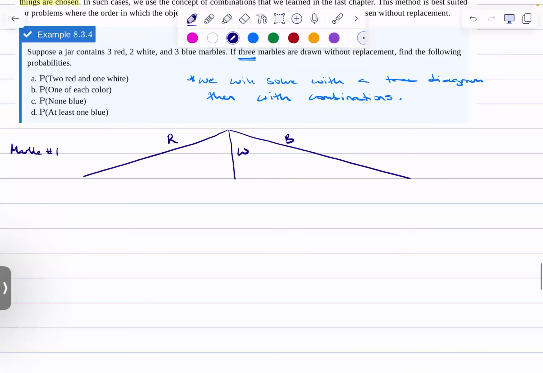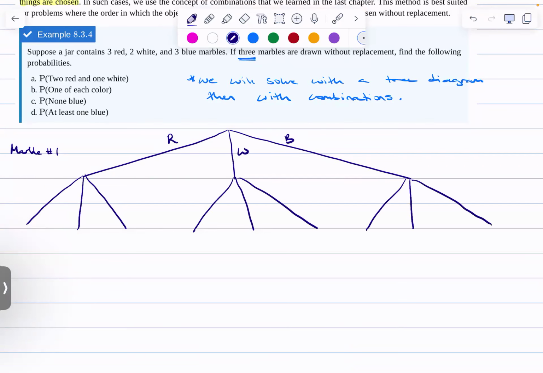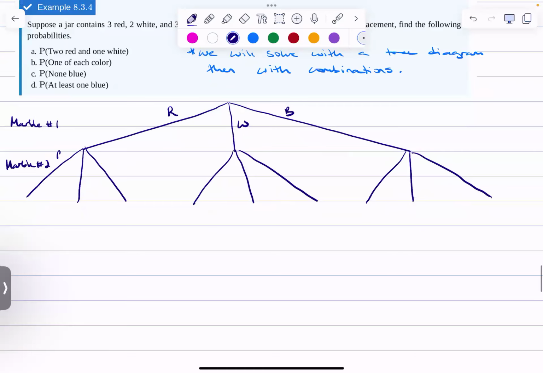And so marble number 2, 1, 2, 3, 1, 2, 3, 1, 2, 3. Red, white, blue, red, white, blue, red, white, blue. Now marble number 3.